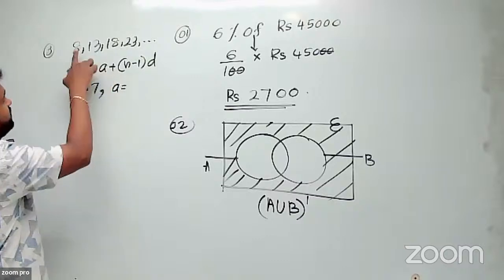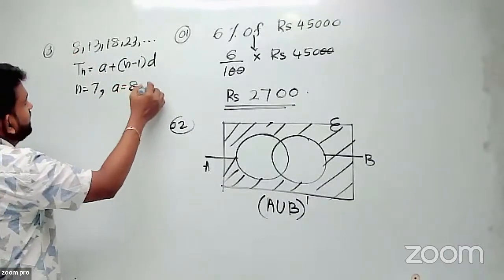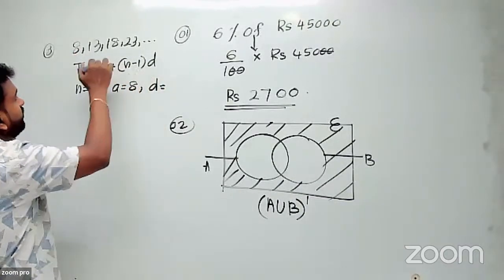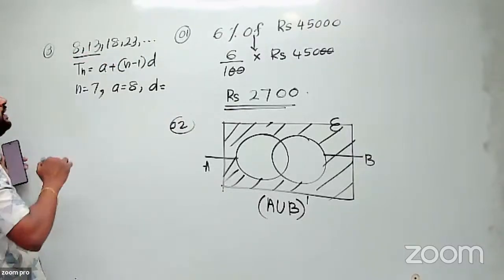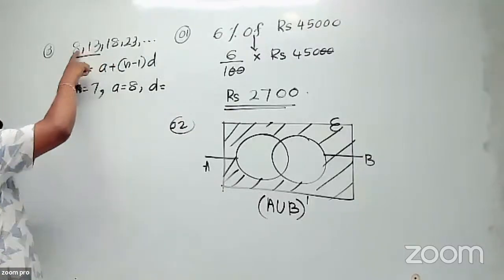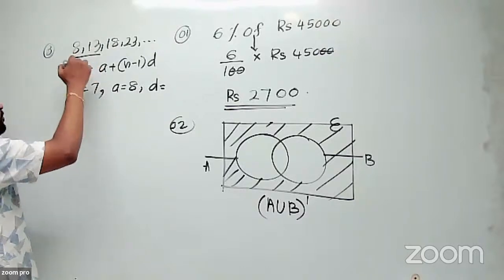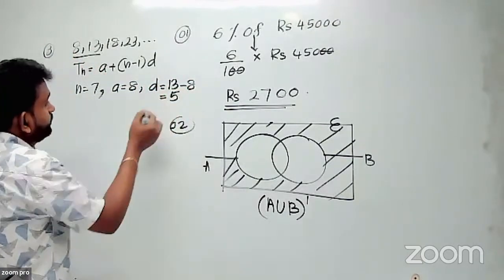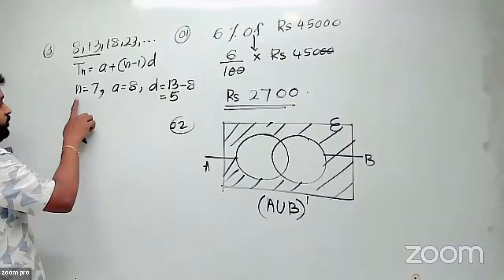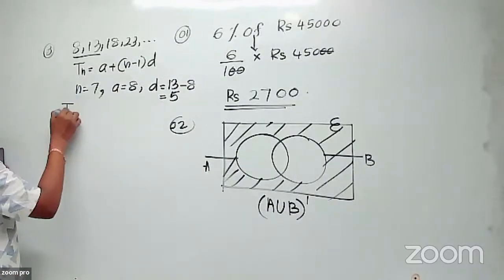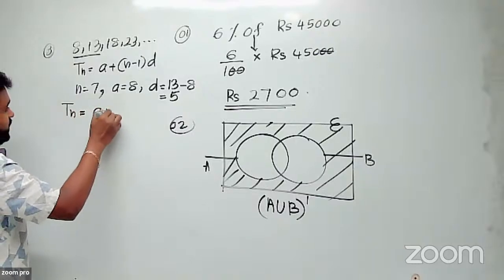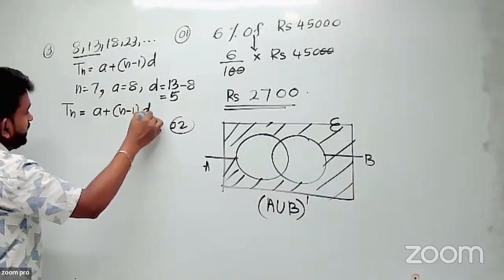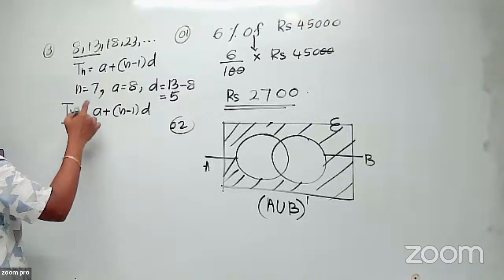a equals the first term, that is 8, and d is the difference of two consecutive terms: the after term subtract the before term. 13 subtract 8 gives you 5. Now we have n, a and d, so substitute into the formula Tn equals a plus (n minus 1) d.